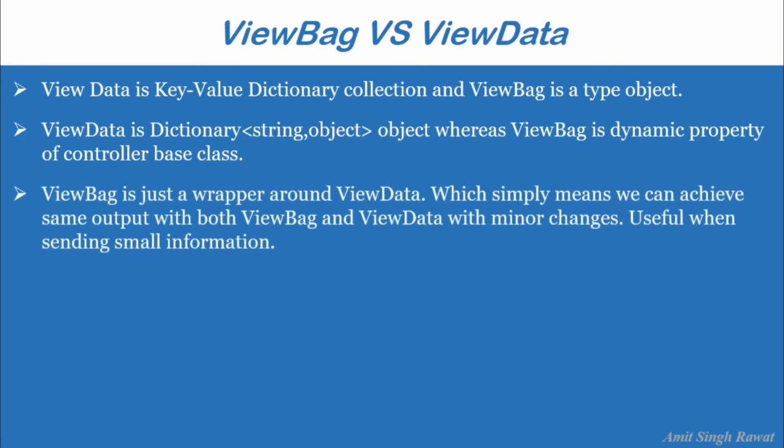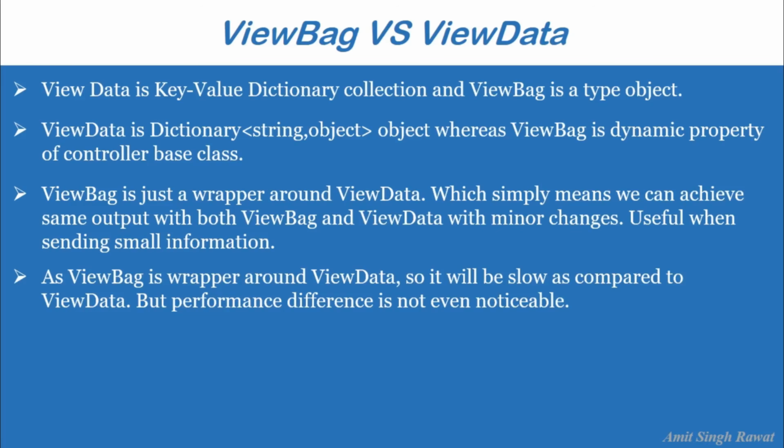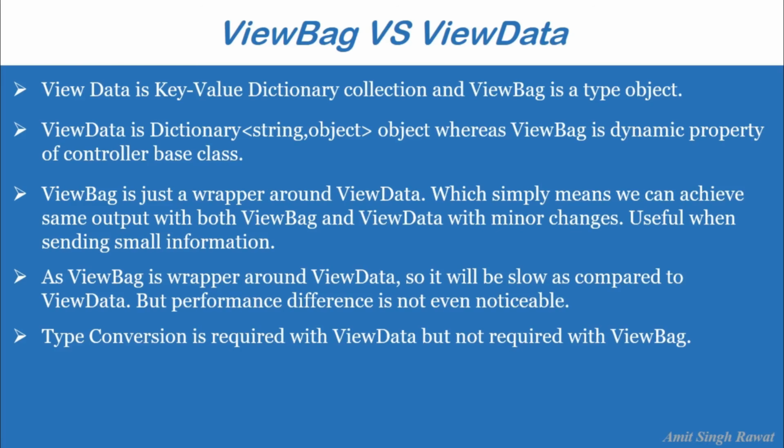ViewBag is just a wrapper around ViewData, which simply means we can achieve the same output with both, with minor changes. Obviously useful when sending small information. As ViewBag is a wrapper around ViewData, it will also be slow as compared to ViewData, but the performance difference is not even noticeable. And finally, we discussed that type conversion is required with ViewData, but not required with ViewBag.